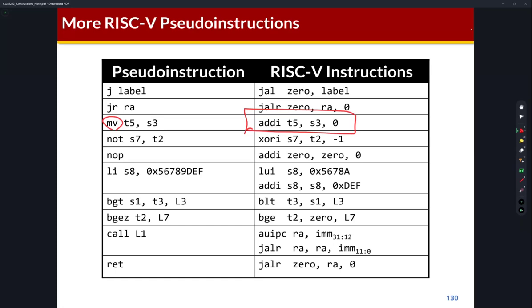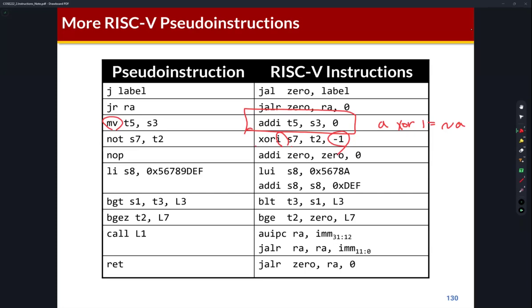And then not. Not is the bitwise not instruction, which inverts every bit, but it is actually exclusive or immediate with -1. Why? A exclusive or 1 is not A, right?